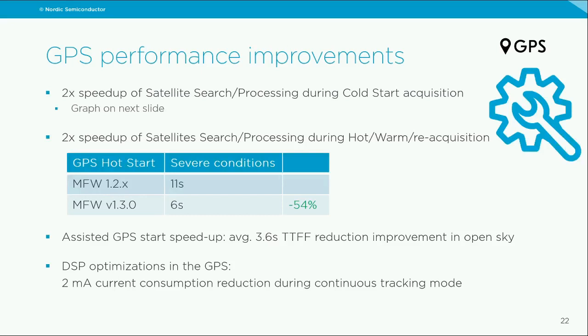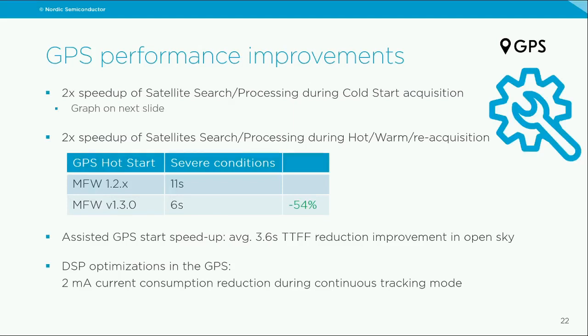For those who do not know, assisted GPS is where you download the ephemeris and almanac data from the LTE network. And now we also have support for downloading the time of week, and that's why we see this improvement as well.